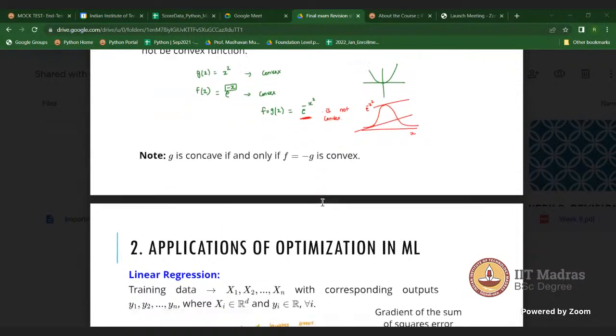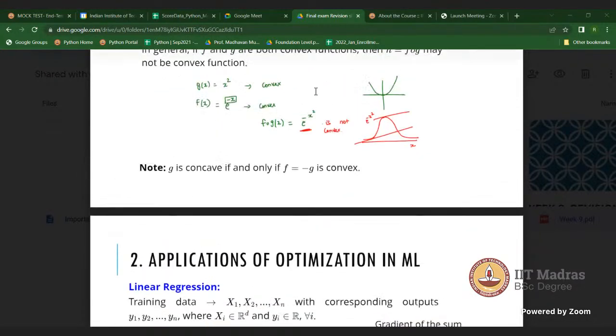So when they ask you to find out whether a function is concave or not, all you need to do is the opposite of that. Let's say I gave you function f and asked you to find whether it is concave or not. You can check whether minus f is convex or not, and if minus f is convex, then we can say that f is concave.